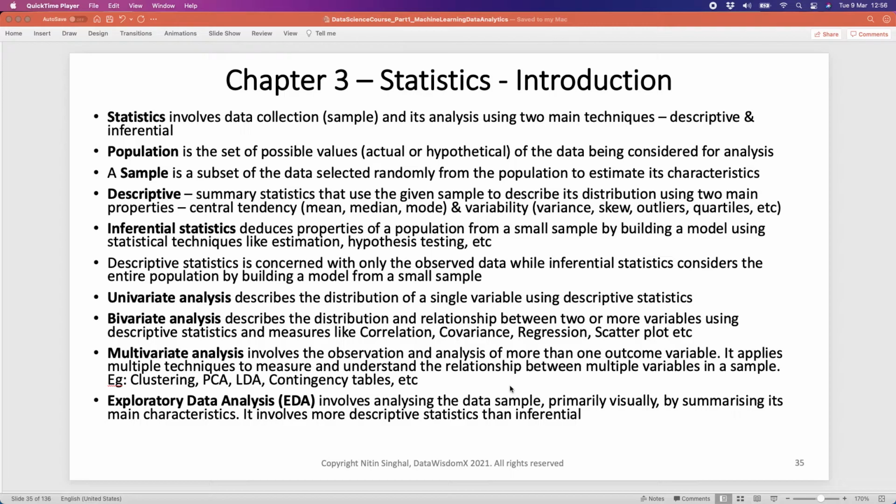For multivariate analysis, because you have a lot more variables that you want to analyze for the population, you need to learn all the different techniques. For example, clustering helps you combine multiple input variables to generate groups and segments. PCA and LDA are principal component analysis techniques.